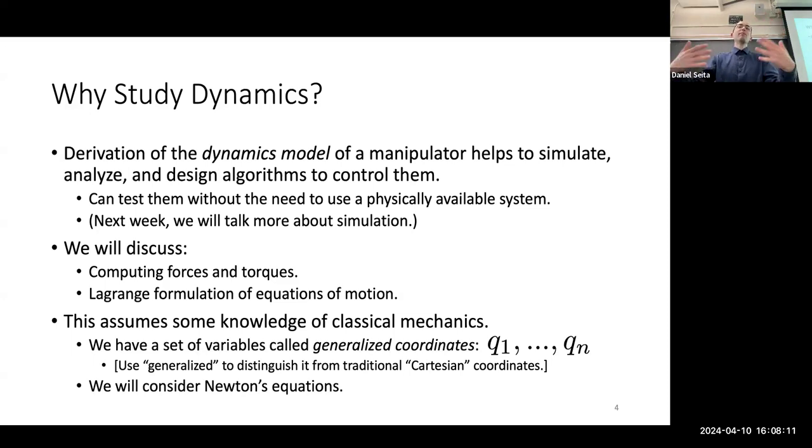When people talk about coordinates, we often talk about Cartesian coordinates, like this is the X position, this is the Y position, this is the Z position, but you can describe your robot in different ways. Maybe it's more convenient to state what is joint angle 1 and joint angle 2. And if those characterize the position, then it's another way to describe the configuration of something. That's what generalized coordinates mean here.